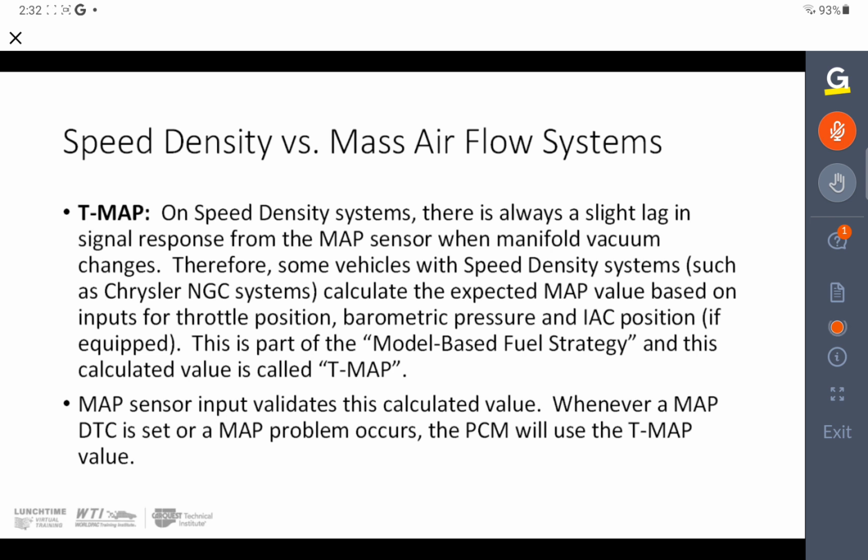When they control the speed density on that, they call that TMAP. It's a model-based fuel strategy, and that calculated value is called TMAP. The MAP sensor input validates this calculated value. Whenever a MAP code is set and the computer can't use the MAP sensor information, then the PCM will strictly use the TMAP.